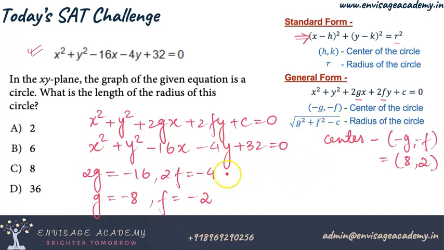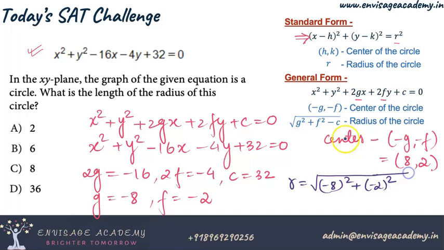The next task that we have is to find this radius. Now, to get the radius, we need c as well. So, if we compare, we can say that the value of c here is 32. Now, let's substitute all the values to find the radius here. And I can write the radius as square root of g square, which is minus 8 square, plus f square, minus 2 square, minus c, so minus 32.